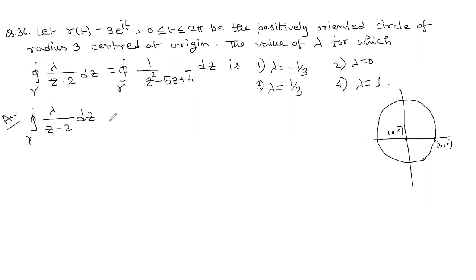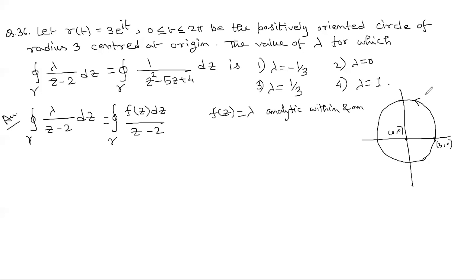Now here we can write this integral as integral over gamma f(z) dz by z minus 2, where f(z) equal to lambda, which is a constant, so analytic within and on gamma, and z0, that is z equal to 2, is in the interior of gamma, which is situated over here.